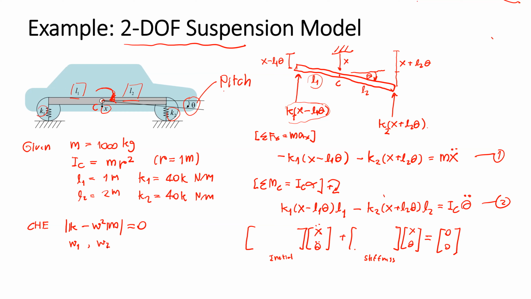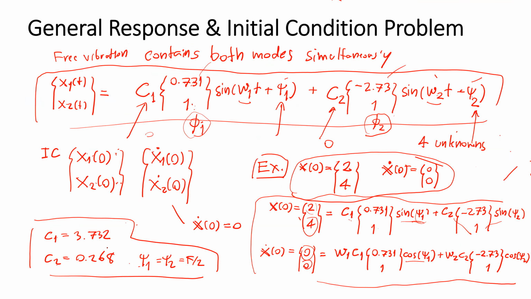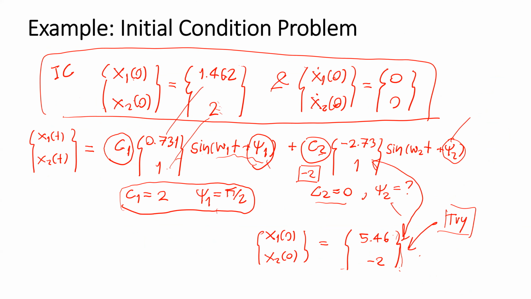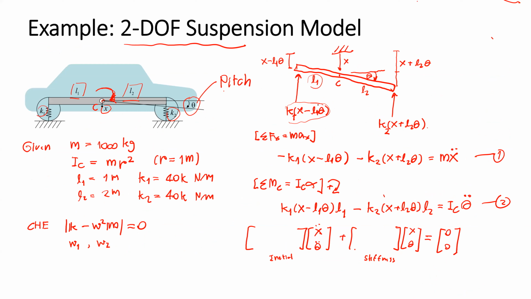And yeah, how about the magnitude ratio? In this case, the magnitude ratio is the ratio of x1 divided by x2, the amplitude of A1 divided by the amplitude of A2.